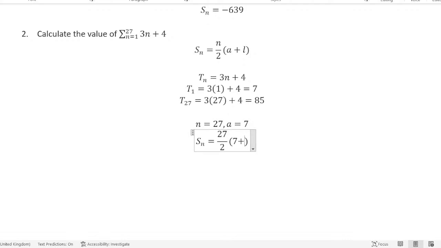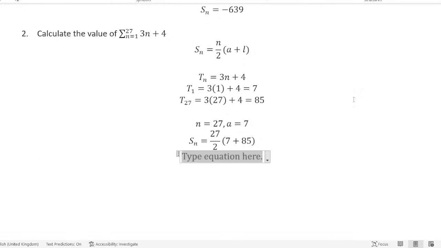Then L is 85. Then you put this in a calculator, and your answer will be 1242. So Sn will be equal to 1242.